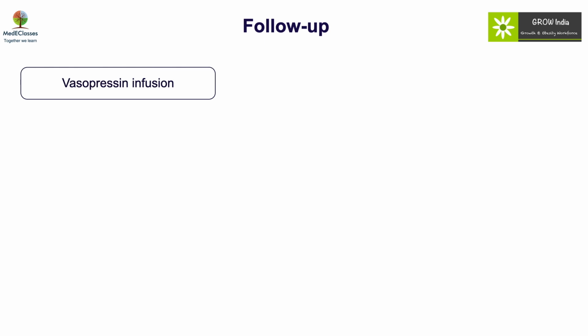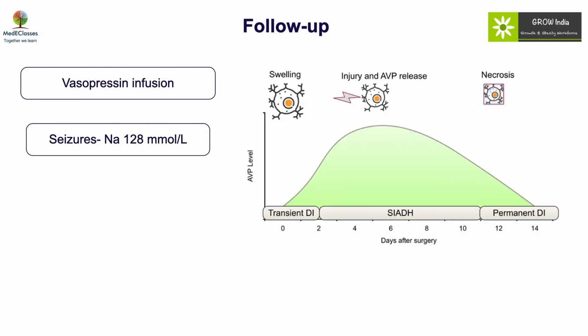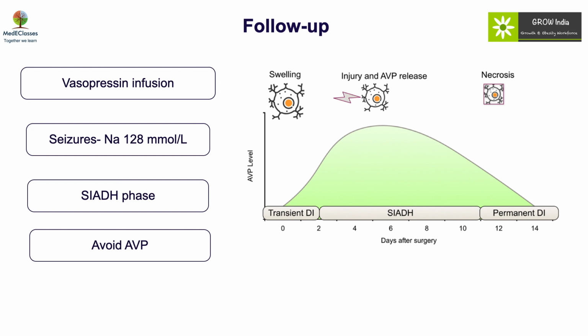Vasopressin infusion, as discussed in the first index case, was started, and this resulted in hyponatremia and seizures. And this we discussed was basically because of the release of AVP already from the dying neurons causing that SIADH phase, which is very important. Highlighting the fact that giving AVP in this setting was probably not preferable.